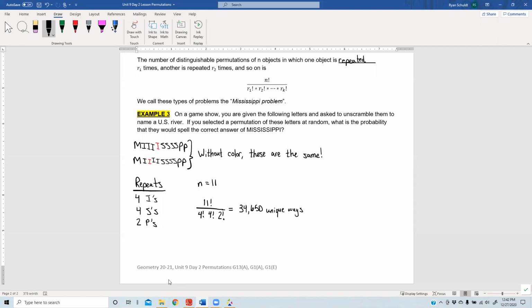But they didn't stop there on the question. It didn't say how many unique ways. It asked what's the probability that you can do this randomly. So probability, there's only one way to spell Mississippi.